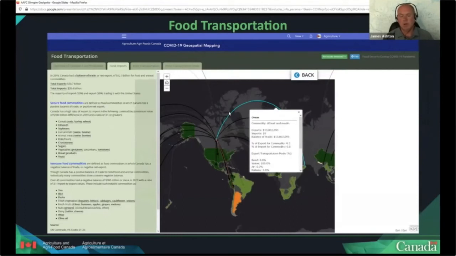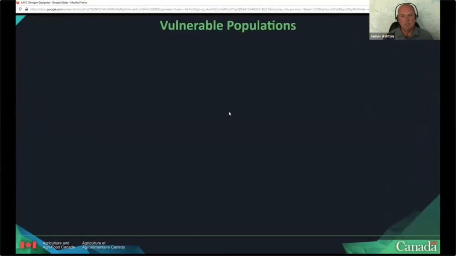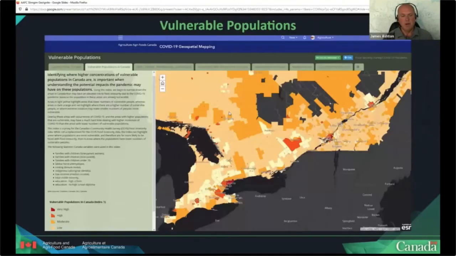Our analytics group really sat down with our policy analysts to try and define what would make up a vulnerable population, and a lot of different factors went into this.